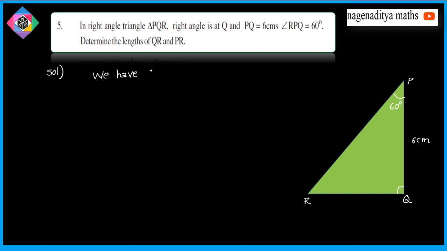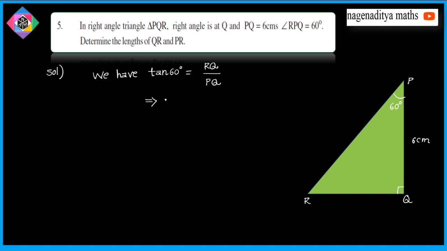Tan 60 degrees is equal to opposite side by adjacent side. So that is RQ by PQ. So we know the value of tan 60.